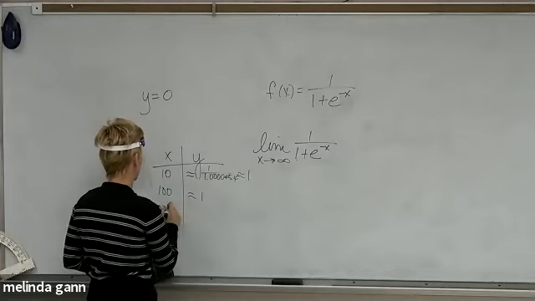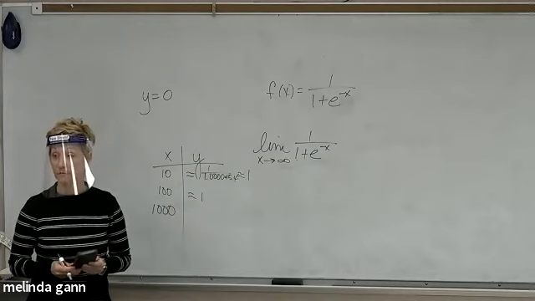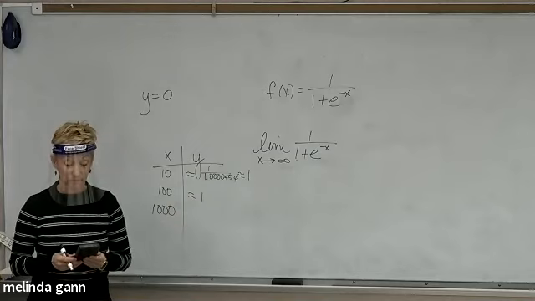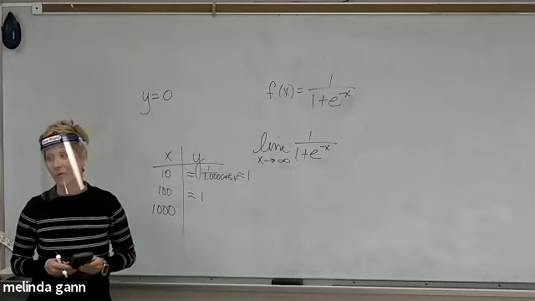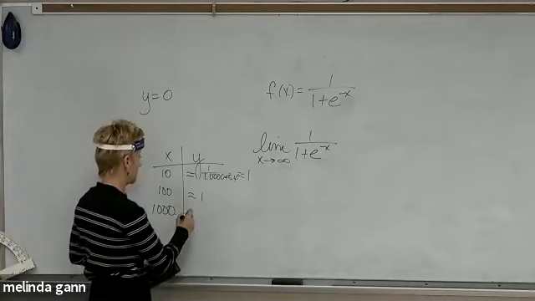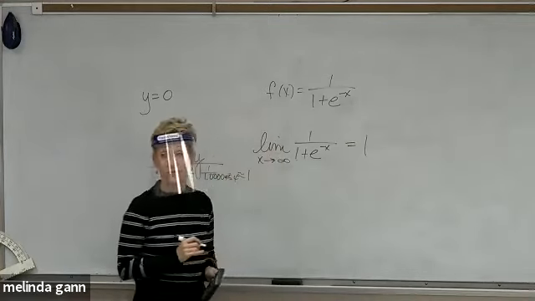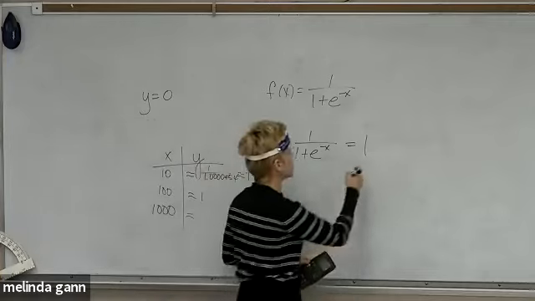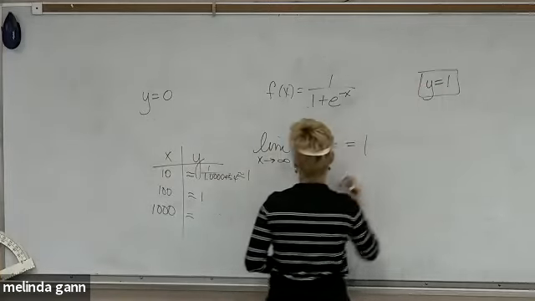What if you did 1,000? You get about what? 1. Did you get a number answer? Then what's a horizontal asymptote? Y equals 1. Well, now look what happens when you do this.